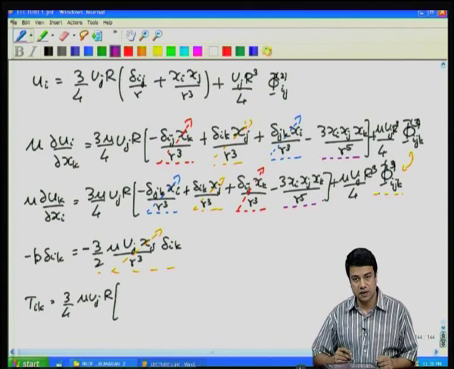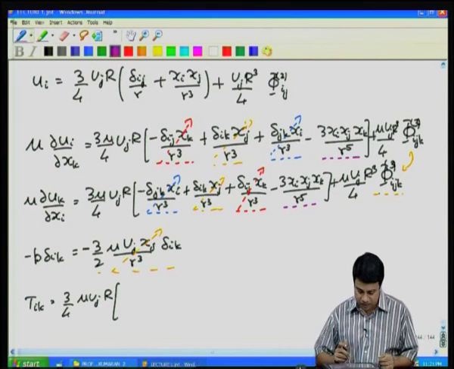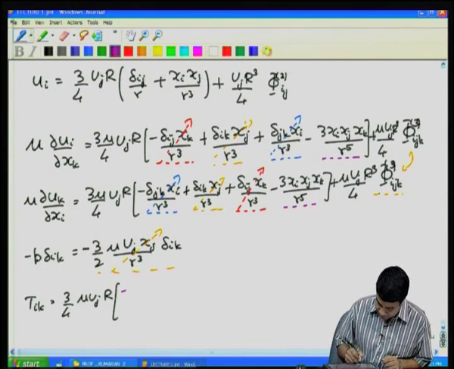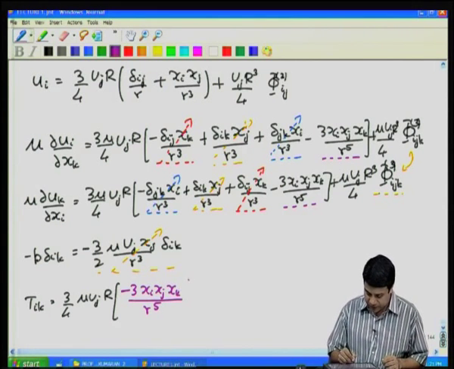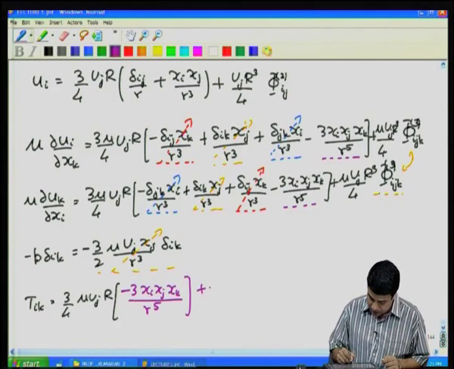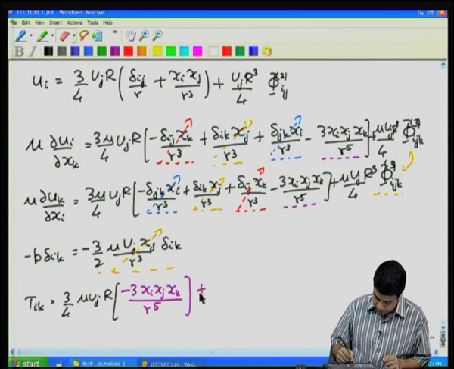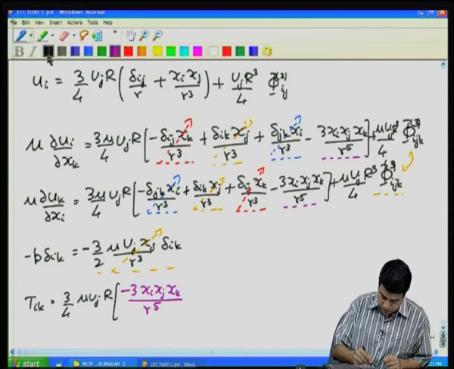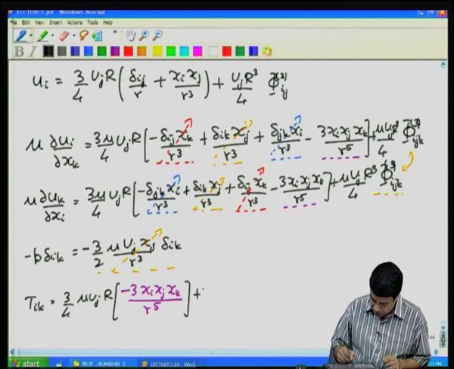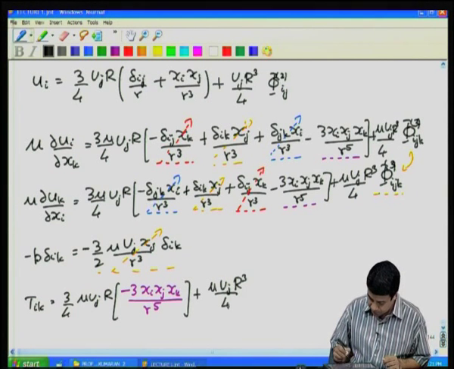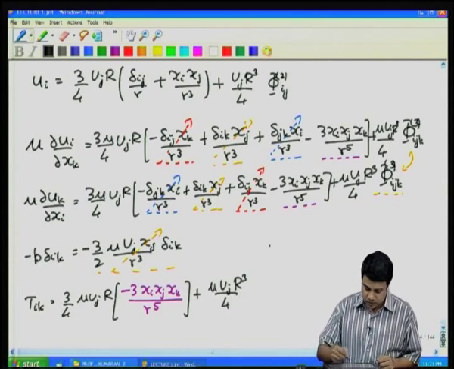They are both of the same sign, exactly equal in magnitude, x i, x j, x k by r power 5, and I have minus 3 times that. So, I get minus 3 x i, x j, x k by r power 5, plus mu u j r cubed by 4 into these last two terms here.